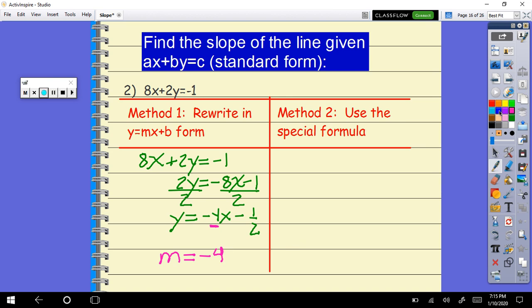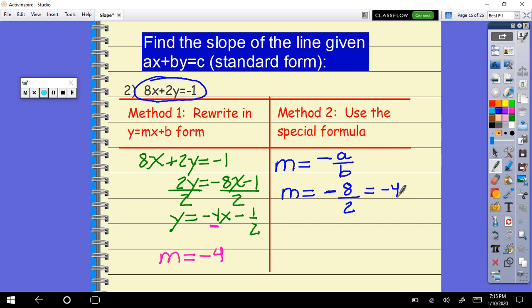I can also use the original equation that's in ax plus by equals c form. I'm going to memorize that the slope formula when you're in this ax plus by equals c form is negative a over b. Negative a is negative 8, b is 2, and if I reduce that, I get negative 4, so it matches.